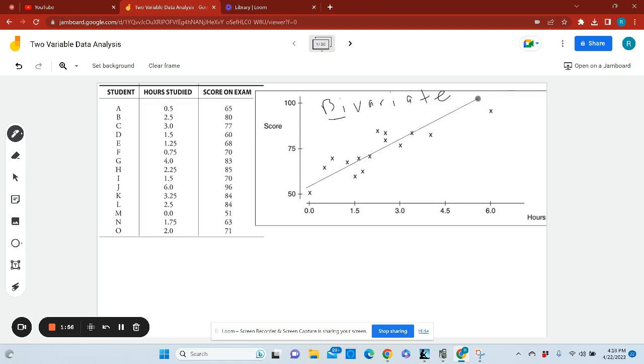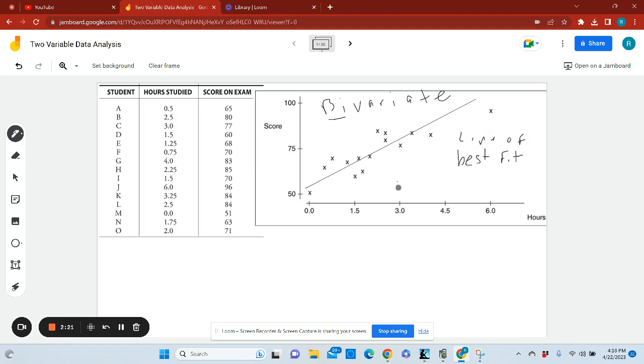I'm trying to create a line that minimizes the distance between all these data points and the line itself, right? This line you'll see called several things, right? You might see it called the line of best fit, right? That's one name for it.